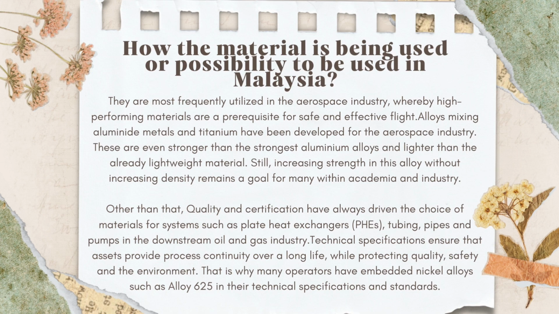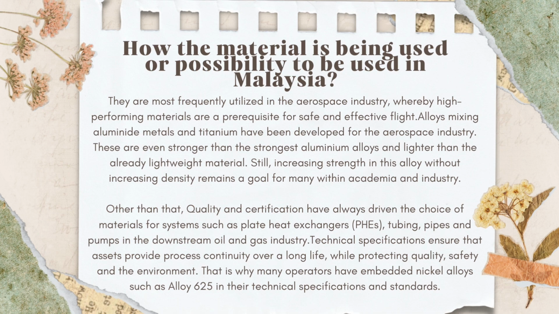So we move on with how the material is being used or the possibility to be used in Malaysia. First, they are most frequently utilized in the aerospace industry, whereby high-performing materials are a prerequisite for safe and effective flight.